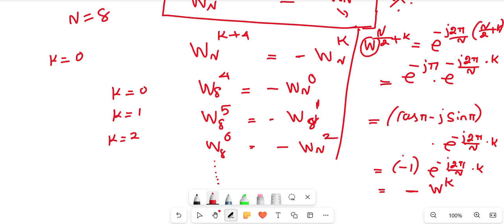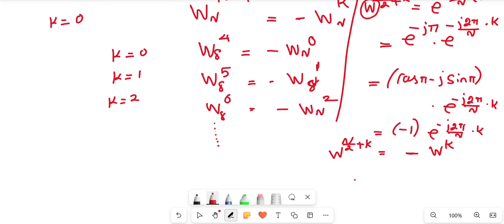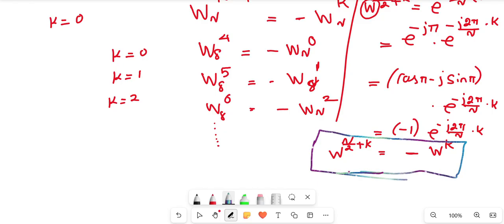So this is proved. W power N by 2 plus k, or k plus N by 2, are the same, which is equal to minus W power k. This is the symmetry property.